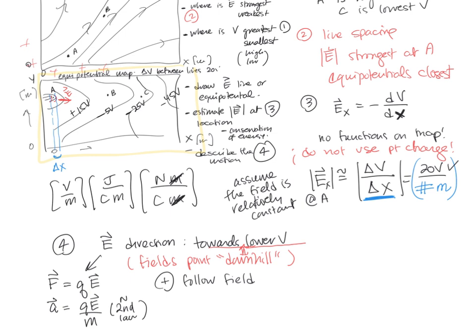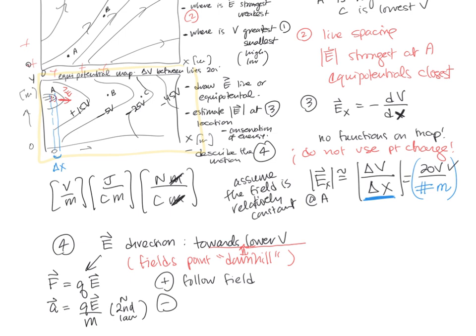So for something released at A, it's going to accelerate quickly in the positive x direction, but then its acceleration is going to decrease. So it's going to get faster quickly in the beginning, and then as it moves towards B, it's going to get faster more slowly. And it's going to continue getting faster as long as there is a field pointing in the positive x direction. Okay.